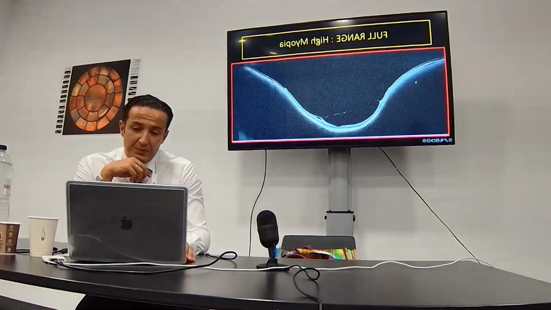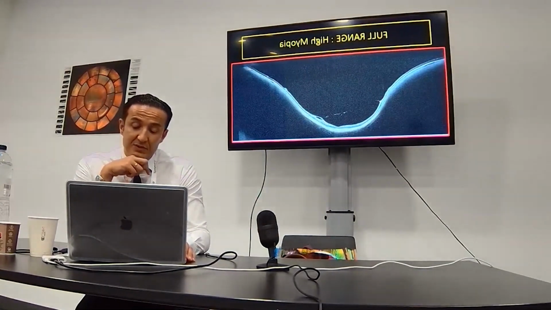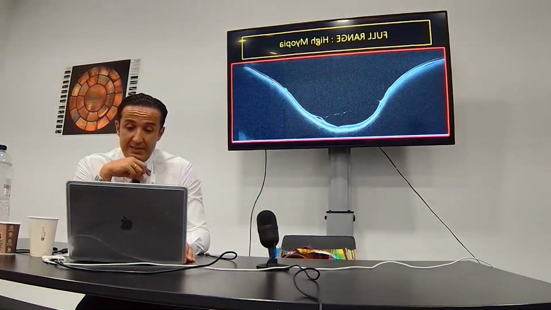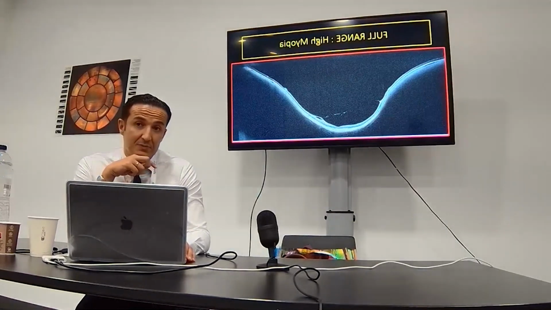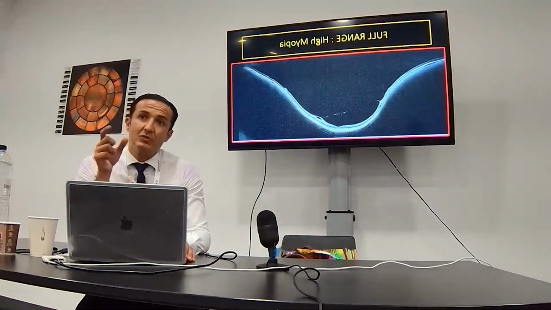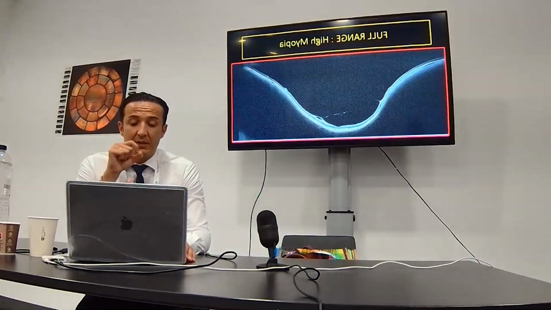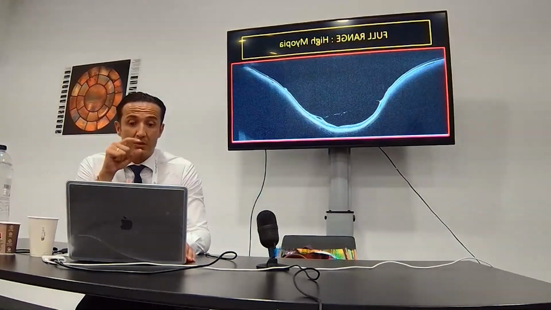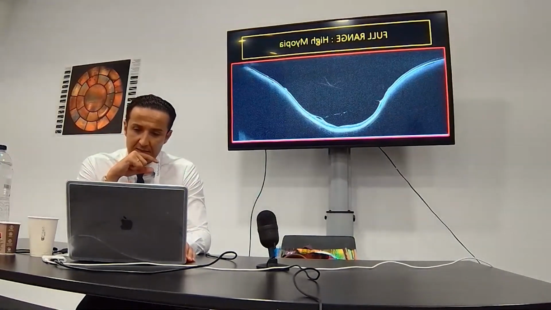In a myopic patient with a very high depth, it's really easy to scan the patient as compared to the conventional OCT when you have a disturbance of the neural image in this case.